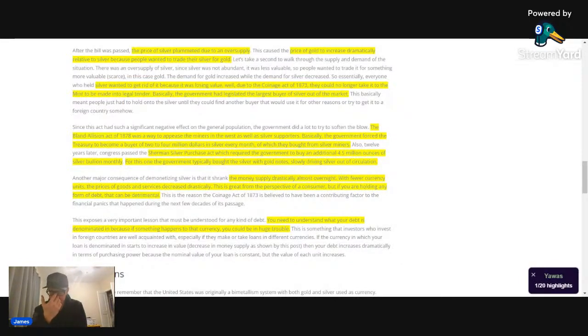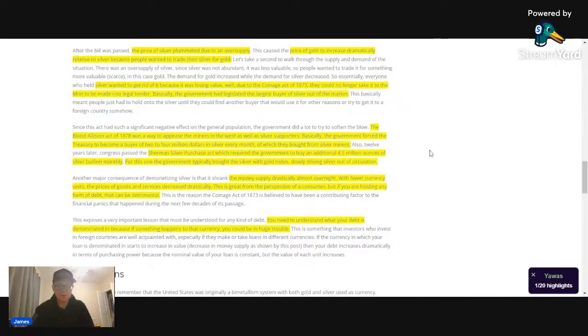And then the Sherman Silver Purchase Act required the government to buy an additional 4.5 million ounces of silver monthly. They would do this typically through gold notes, almost like certificates on gold notes. Anyways, this essentially drove silver out of circulation in a monetary sense.